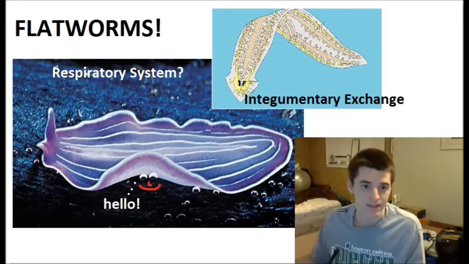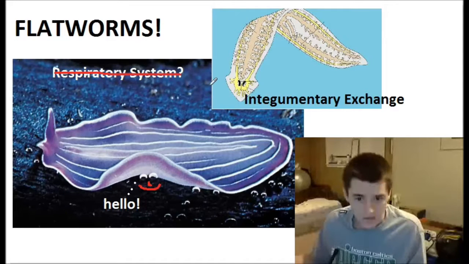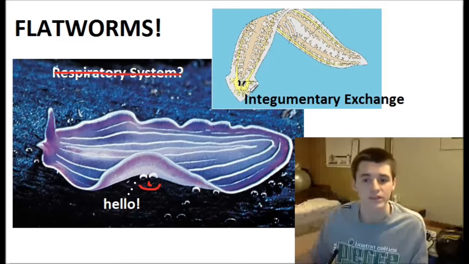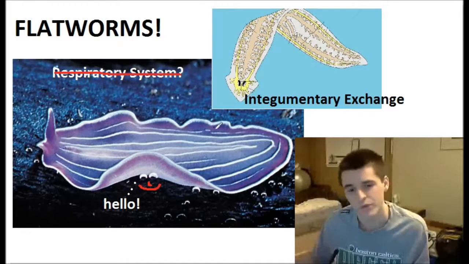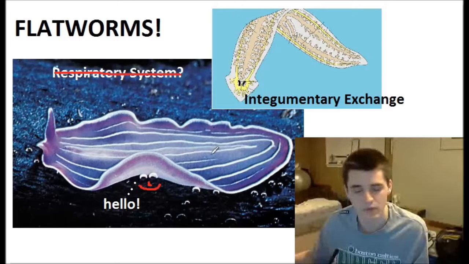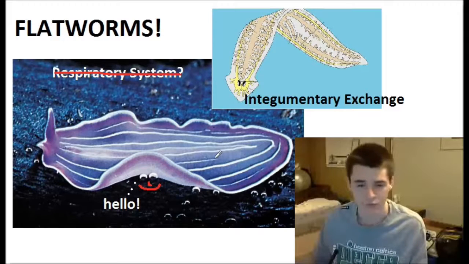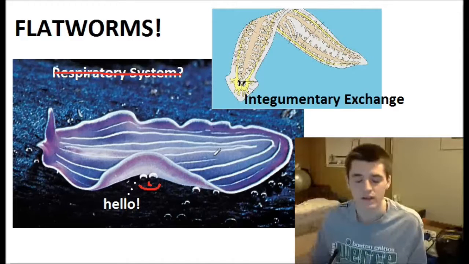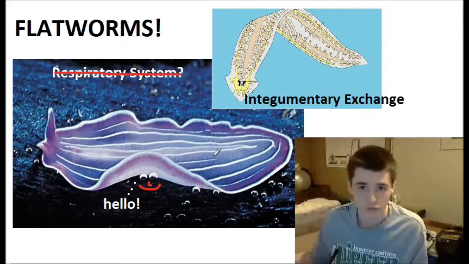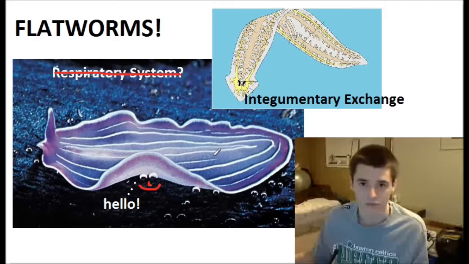So in flatworms, they don't really have a defined respiratory system that they've adapted. Instead, they've developed an integumentary exchange mechanism where oxygen simply diffuses right into the pores of their body, and the extracellular body fluids that they possess, which kind of represent a circulatory system, transport the nutrients and waste and oxygen to the cells in the flatworm, and that's how they survive.